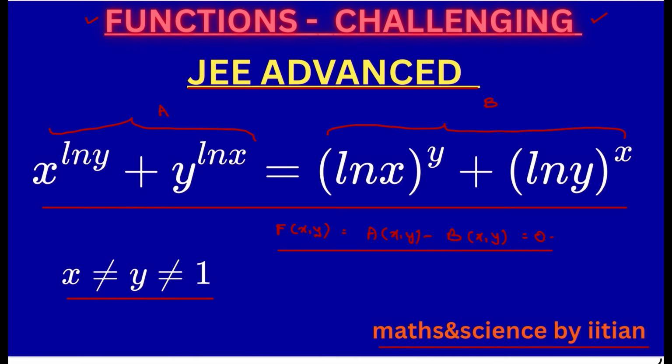No. We have to go for complex analysis to find out the solution for this particular function xy to satisfy function xy is equal to 0, where axy minus bxy is equal to 0, where axy is x to the power of ln y plus y to the power of ln x and bxy is ln x to the power of y plus ln y to the power of x.